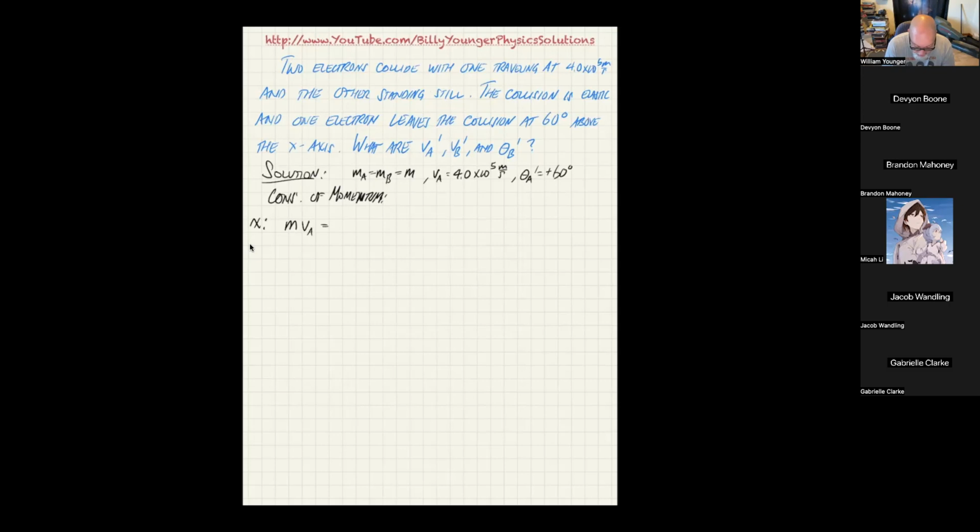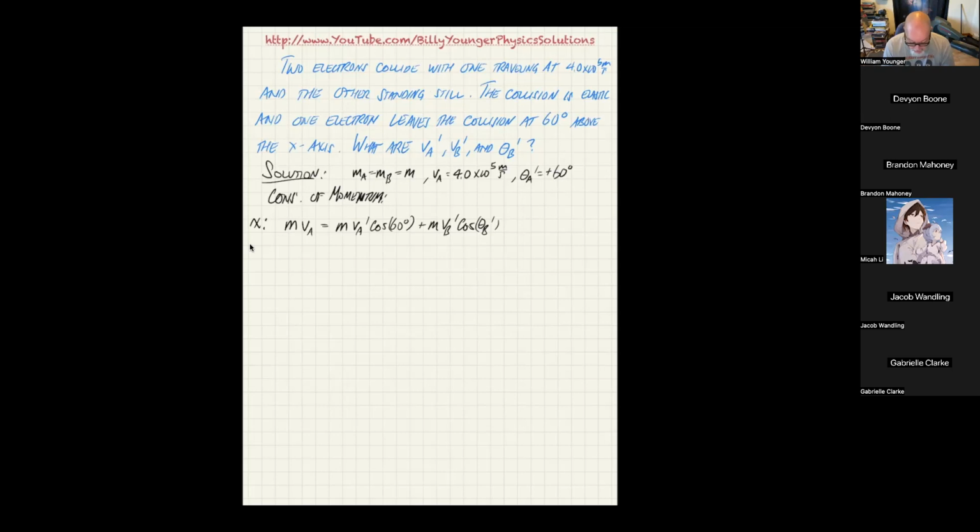And then after the collision, we get M VA prime cosine 60 degrees plus M VB prime cosine theta B prime. Again, we really don't have any idea which one exactly is VA, or which one's A and which one's B. The main thing is we know they exist, and one's got to be one and the other one has to be the other, but that's pretty much it.